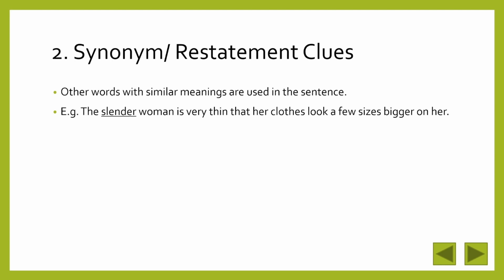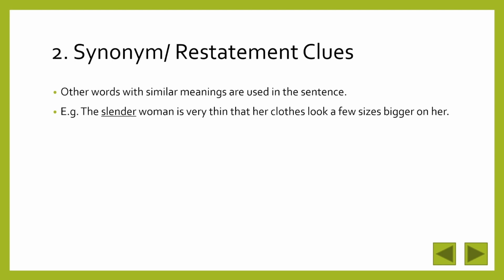Then we have synonym or restatement clues. Other words with similar meanings are used in the sentence. For example here: the slender woman is very thin that her clothes look a few sizes bigger on her. So here the underlined word is slender. Maybe you don't understand the meaning of slender. You haven't met any sentence that uses the word slender.